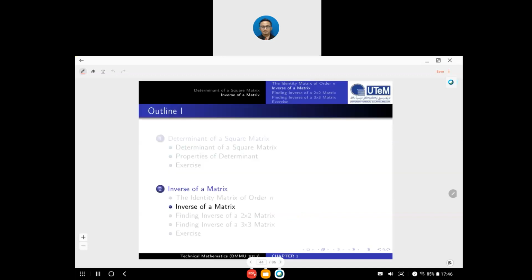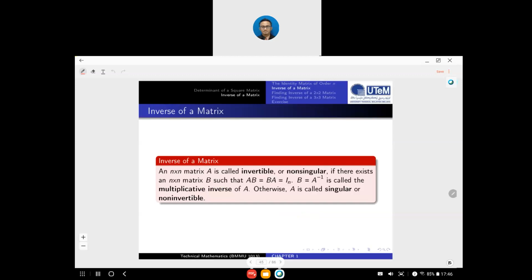So how to find the inverse of a matrix? A matrix A is called invertible or non-singular if there exists a matrix B such that A times B equals B times A, equal to the identity. Then B is equal to A inverse.